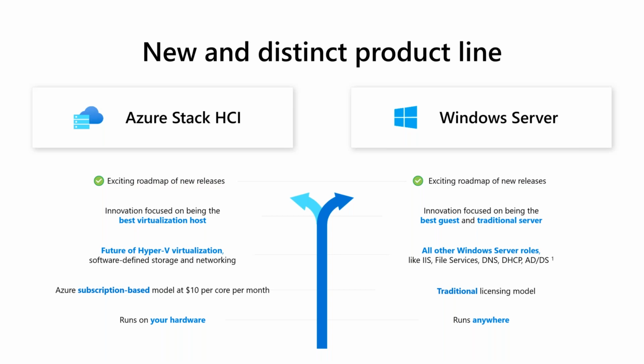So what will be the difference between nodes running Windows Server 2019 versus nodes running Azure Stack HCI OS? Validated nodes running Windows Server 2019 are very similar to the validated nodes running Azure Stack HCI OS. The main differences are the licensing options, the features available at the hypervisor, and the future development and roadmap of each of those two products.